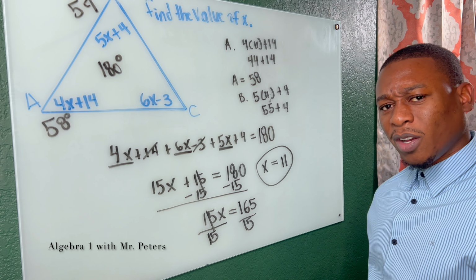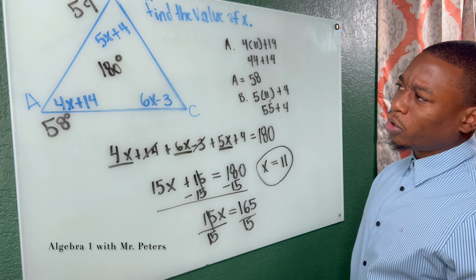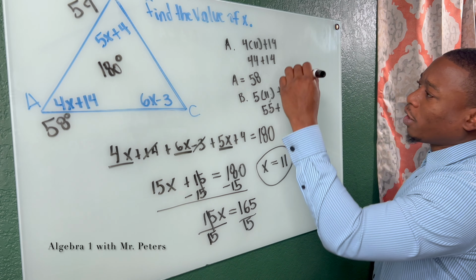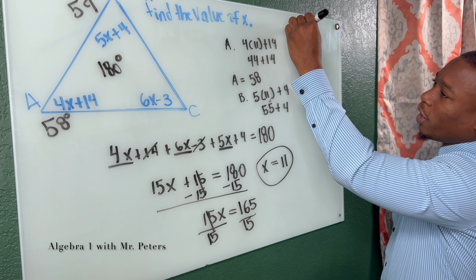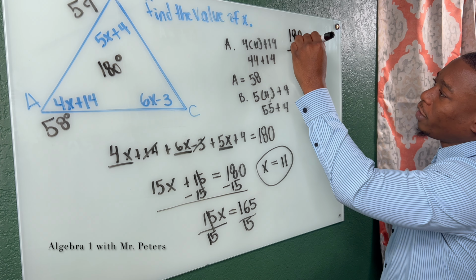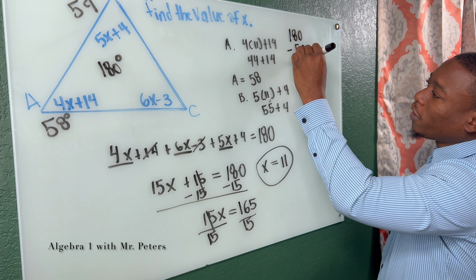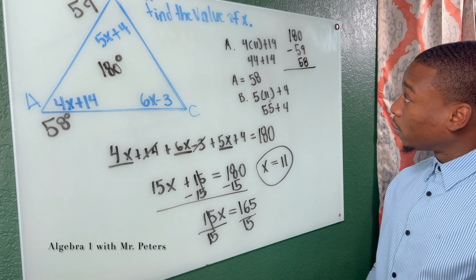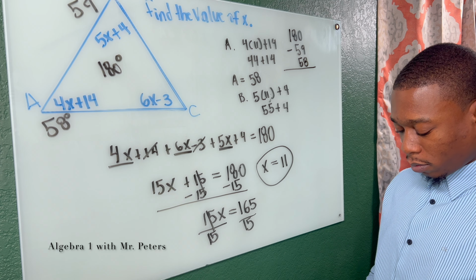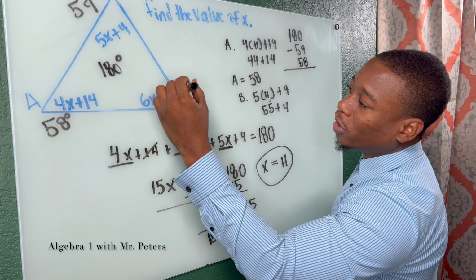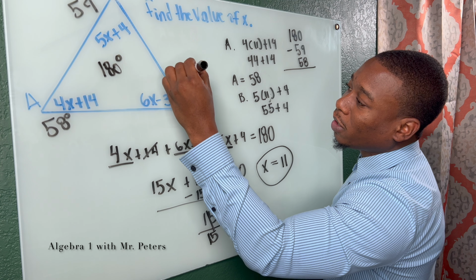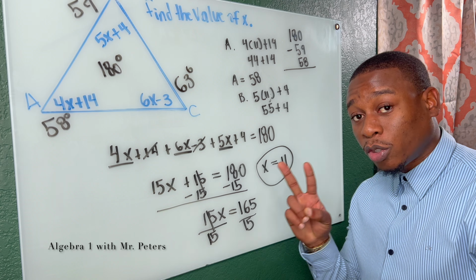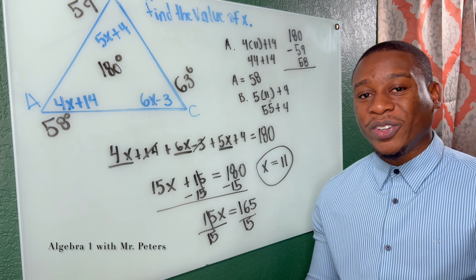And then with the last angle, guys, we could plug it in like we've done, or we could just take 180 and subtract 59 and 58 from it. And once we do that, our last angle is going to be 63 degrees. So when we're working with triangles, guys, these are the two most common problems you're going to see.